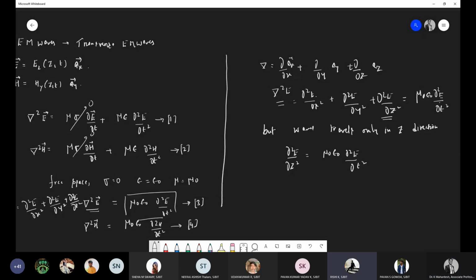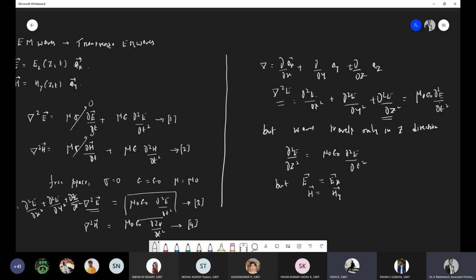Again, E has only x component, right? E has component only along x direction. So I can represent this E as Ex. Similarly, H, the magnetic field, is in the direction y, so Hy.